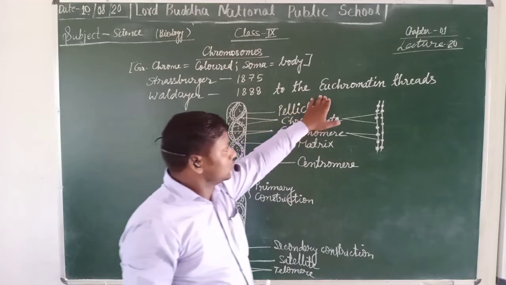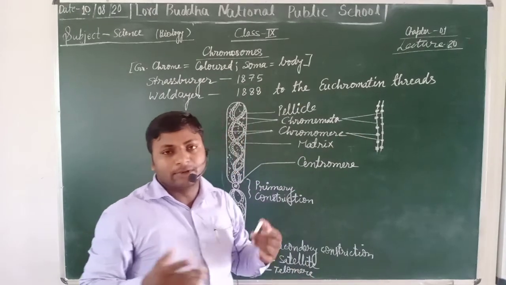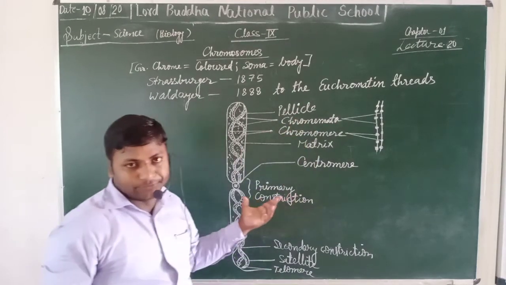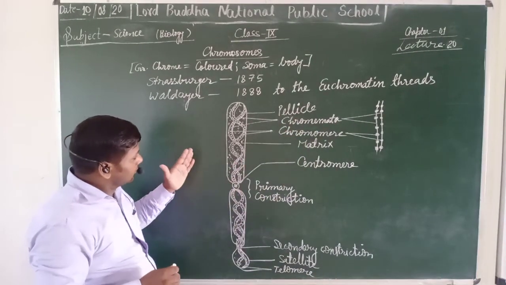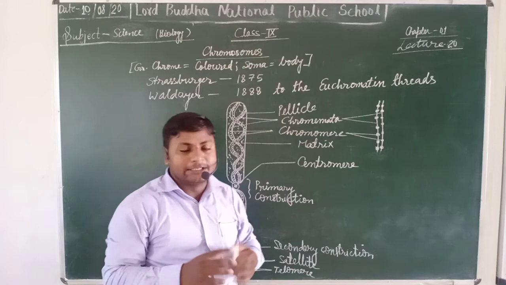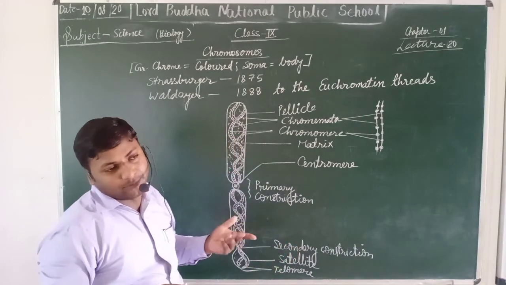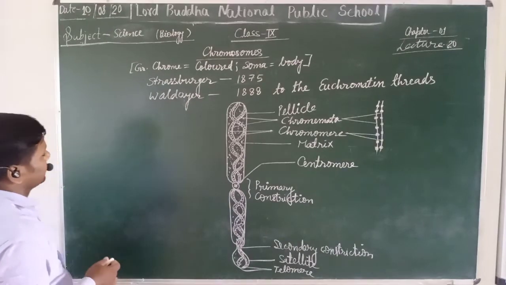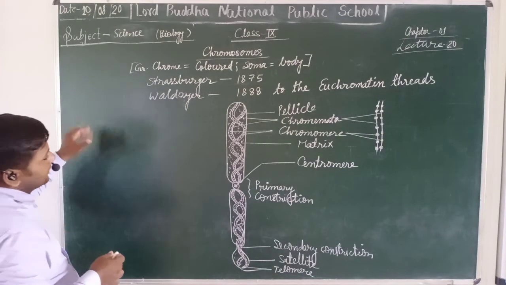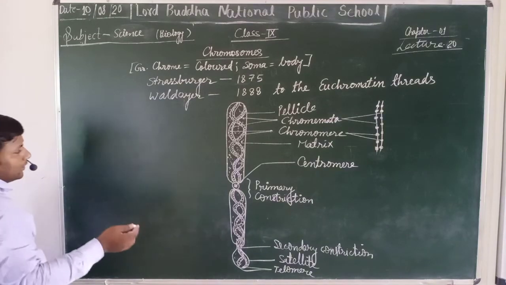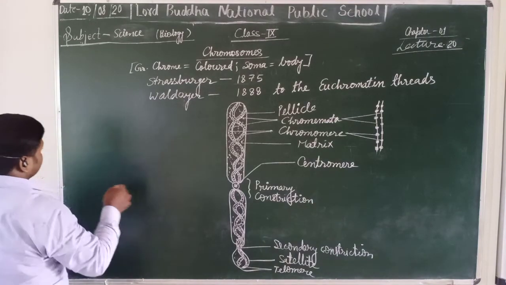Here students, the euchromatin is responsible for the formation of chromosomes, and in each and every organism a different number of chromosomes is present. Let us take some examples of species and the number of chromosomes present in them.